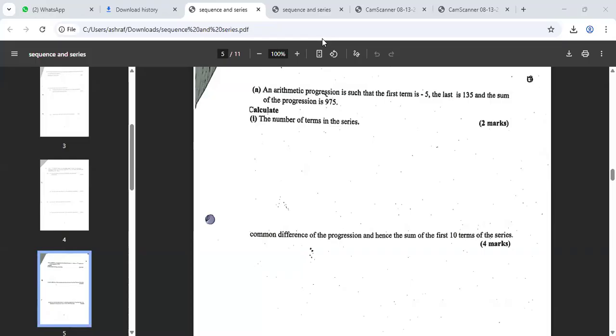Anyone else who has gotten 15 or a different answer? Gilbert, what did you get? Gilbert, you can unmute yourself. Unmute yourself and share your answer.